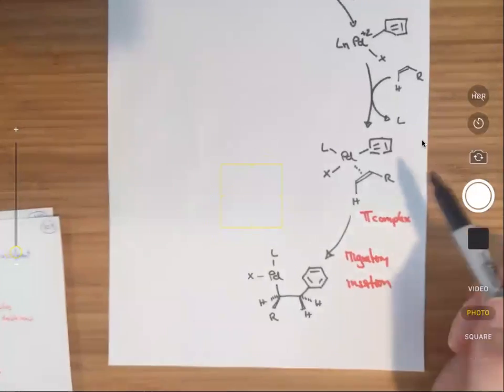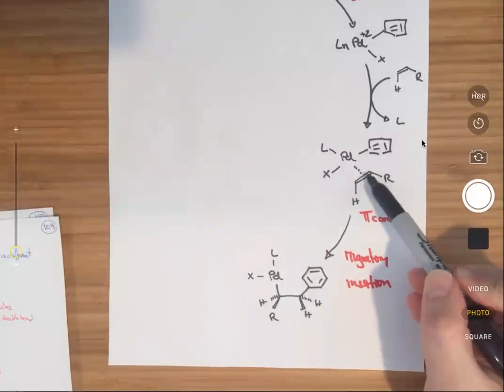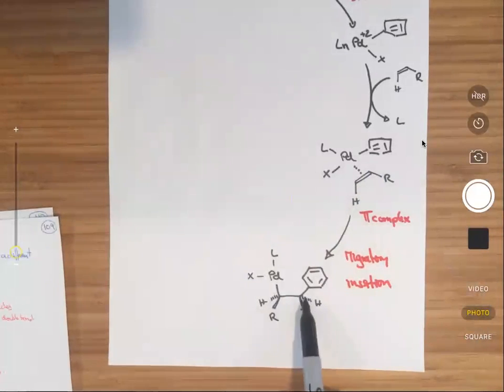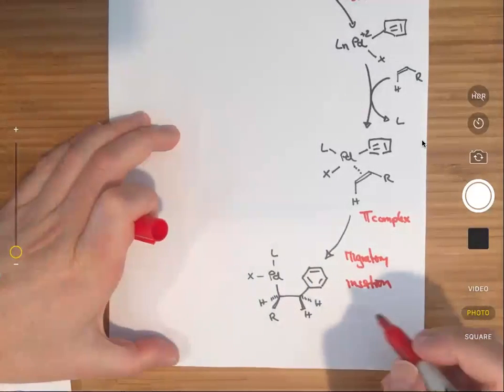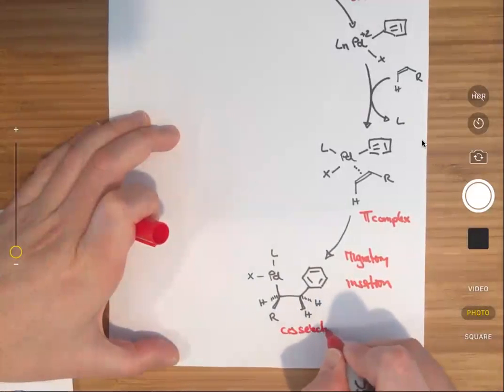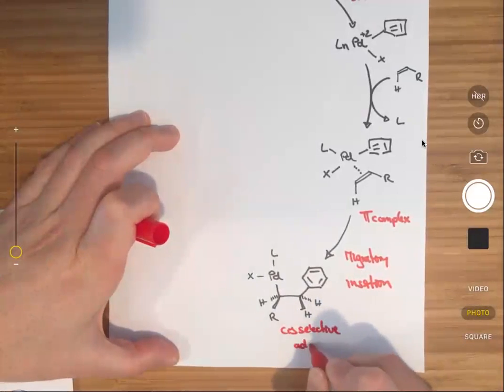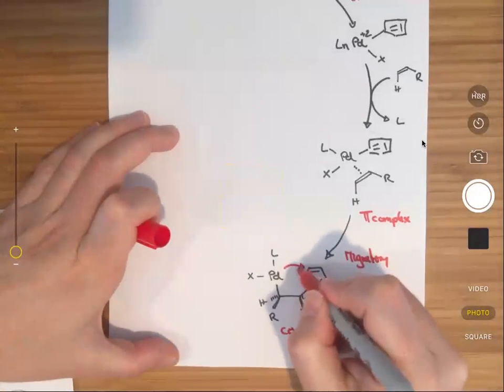So this is nothing else but an addition of this palladium carbon bond across this double bond. And you see that it's cis selective. So the palladium and the aryl ring attack from the same side onto the double bond. So you can say cis selective addition. So they're on the same side.